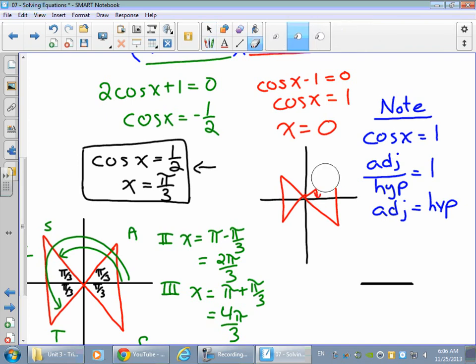And that will occur when this line goes right flat. When this angle goes from here, it ends up going right flat there. The same will occur then when this angle gets right flat as well. And I suppose you could think of it as this angle getting flat and this angle getting flat.